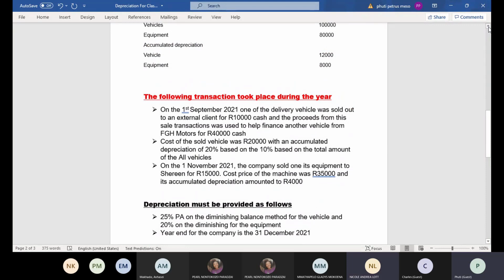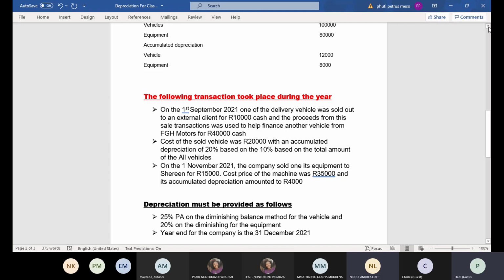Yes, thank you. All right, Nicole, you can have a look at it and let me know if you are getting confused. So I would have taken the 20% solely on the depreciation amount. Like I would have multiplied the 100,000 by 10% and then taken that amount and multiplied it by the 20%, based off how the question is asked.